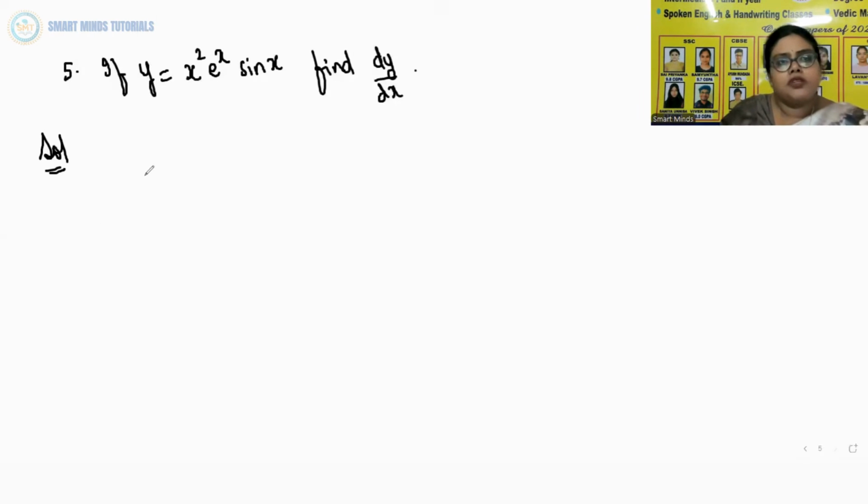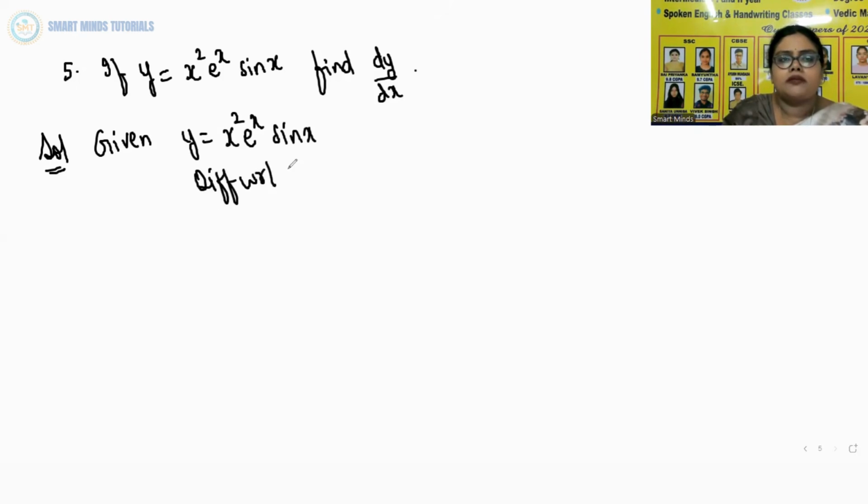Take the next question. If y is equal to x square e power x sin x, find dy by dx. This is same as the last one. So first let us write given y equals to x square e power x sin x. Now differentiating with respect to x.